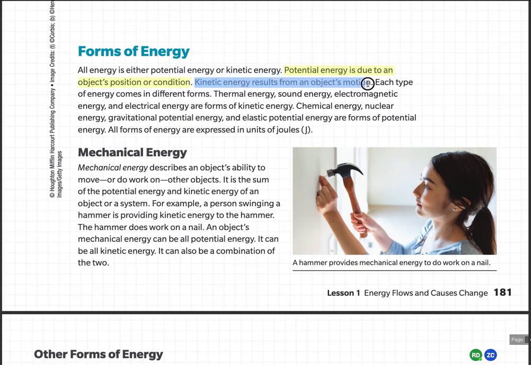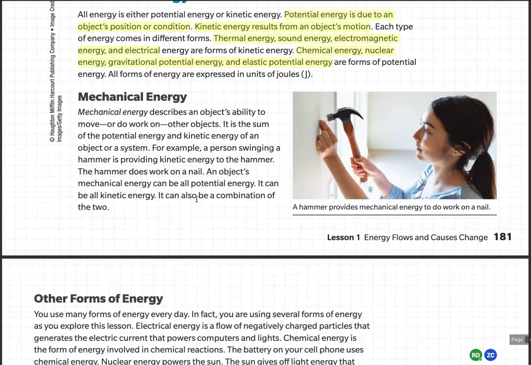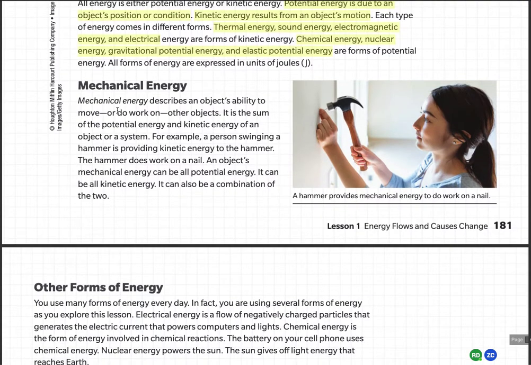Kinetic energy is from motion. And then we also have thermal energy, sound energy, electromagnetic energy, electrical energy, chemical energy, nuclear energy, gravitational potential energy, and elastic potential energy. These are all different forms of energy, and we're going to go into these more. But for now, we're going to start with mechanical energy.